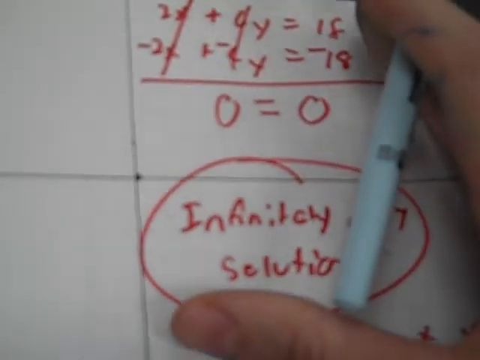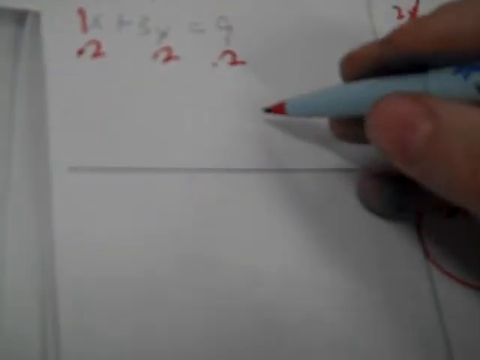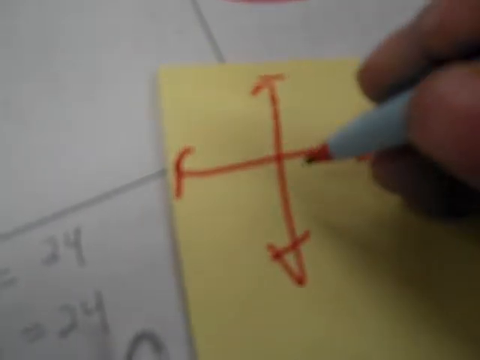That's your answer. Now here's what infinitely many solutions means. That means if I were to graph the 2 equations on a line, I'd make a first line.